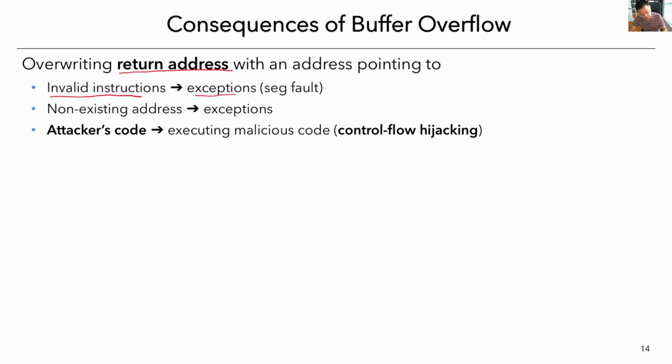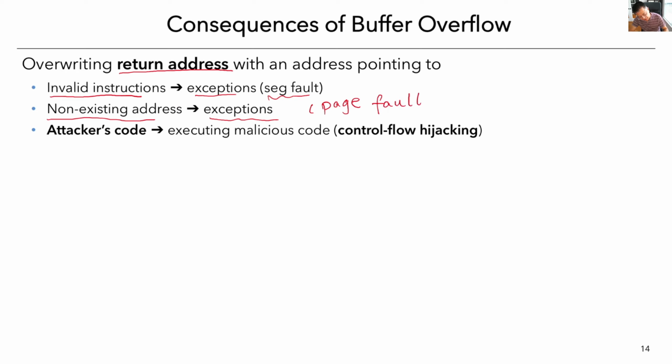An exception in x86 is called a seg fault, or segmentation fault. It can also point to non-existing memory. This will also cause an exception, but here it's actually a page fault, right?